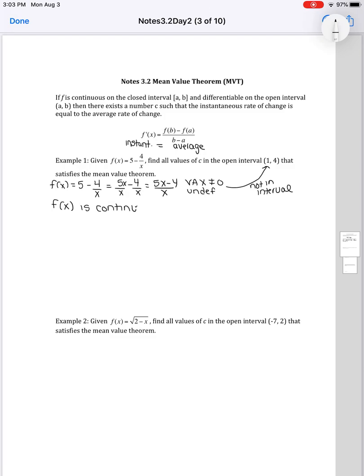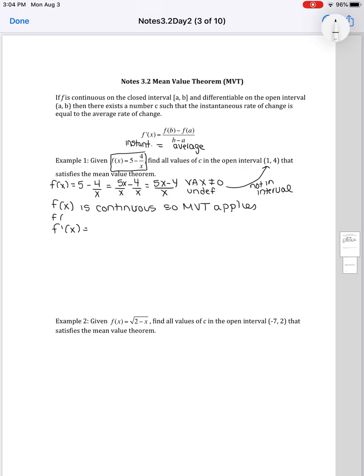Given that it's not in the interval, f of x is continuous. So it is continuous, so the mean value theorem, abbreviated MVT, applies. So I can go further. Okay? So what this says is that we're going to take the instantaneous, which is the derivative.